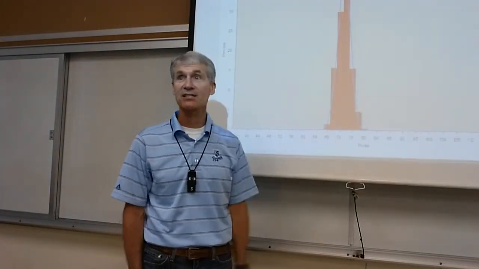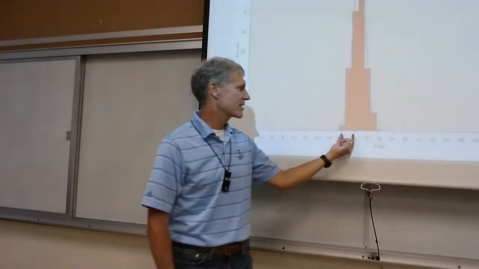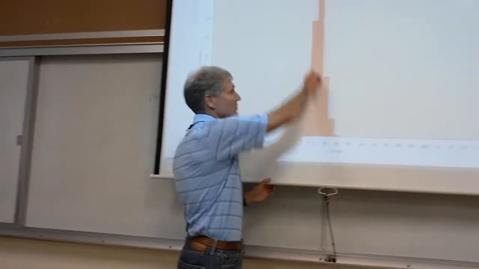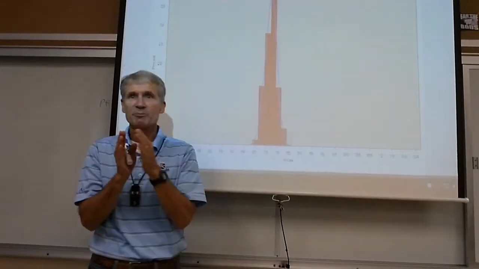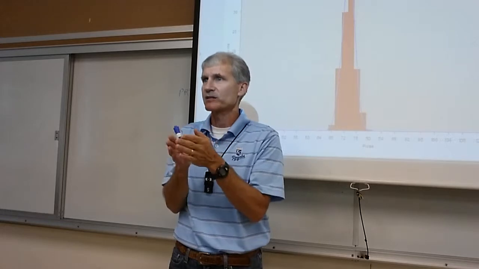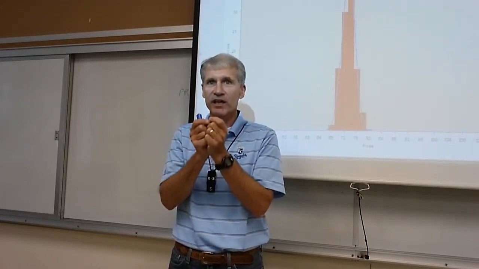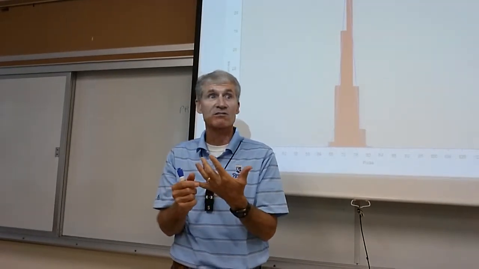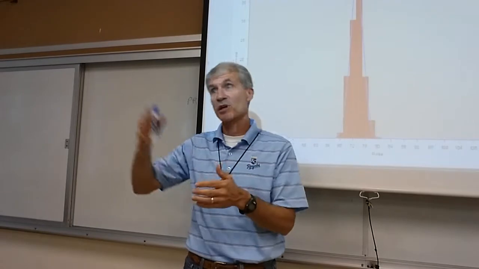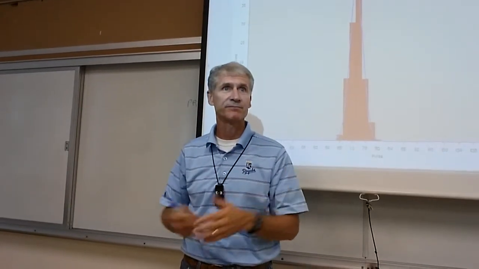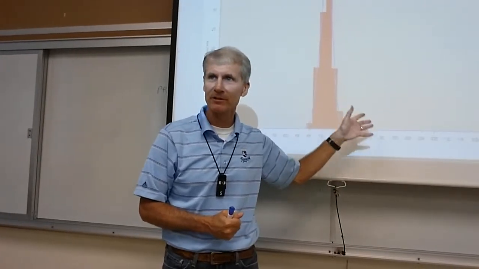If I had samples of size 1,000, the standard error would be so small, it would be pretty much one spike. You wouldn't expect to get a mean from 1,000 pulses that's more than 1 beat per minute off from what the true mean is. The standard error gets so small that you can be very confident that you got it almost exactly right. But if you take samples of size 5, there's a pretty good chance you're going to be off by 5 beats either way. So big samples, good.